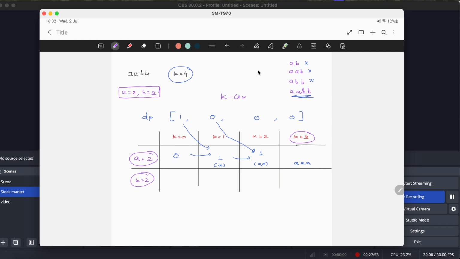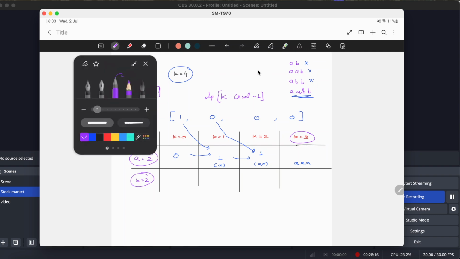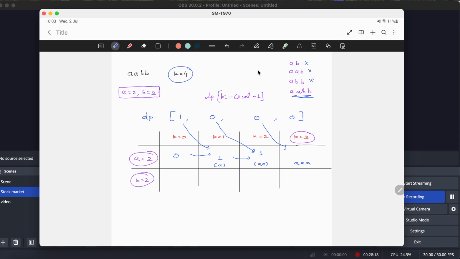Let us suppose count is what we currently have, a's count, b's count. Then k minus count minus 1. In that particular dp index we jump, whatever value is available there, we simply subtract it over here. Because again at this location, just for consideration, we are doing all the same operations again. We simply consider the previous value, and here the answer we got is 1.